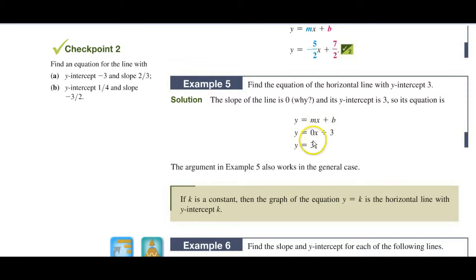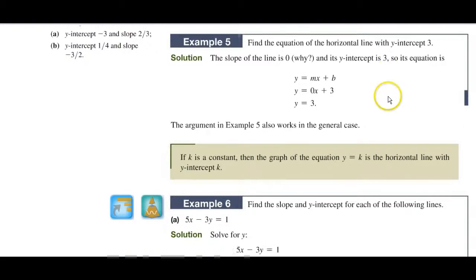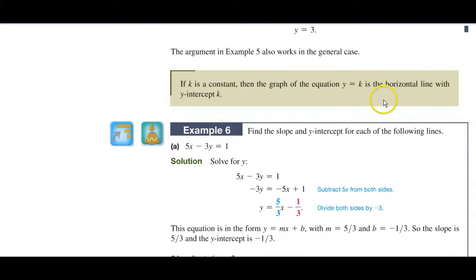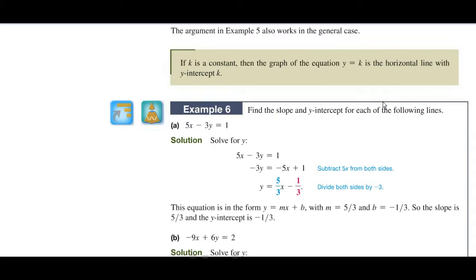So we had covered this a little bit already. Now, they're using the formula y = k, k for a constant. Again, other books use y = b. I like that one, but this is the one they'll sometimes use.